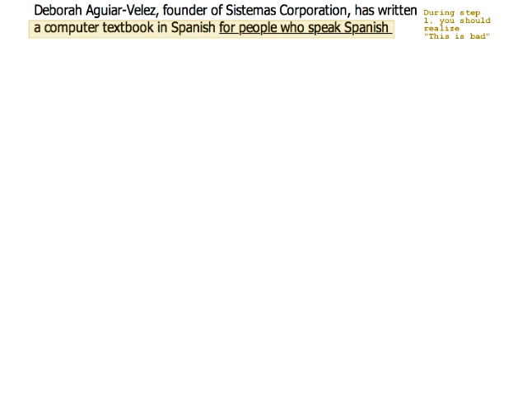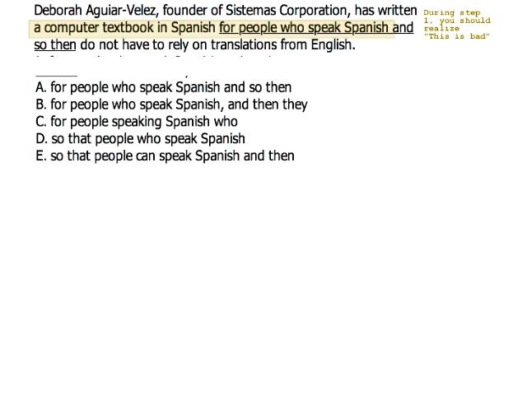Okay. And now let's talk about the rest of the sentence. So these are out anyway. This is double out because it's still the same problem, but also this ing is like for people who are actually speaking it in the time frame of the sentence. So that's also bad.